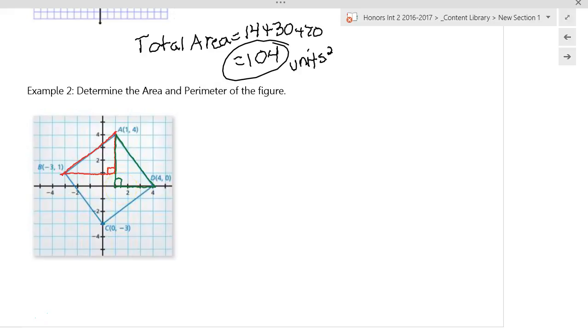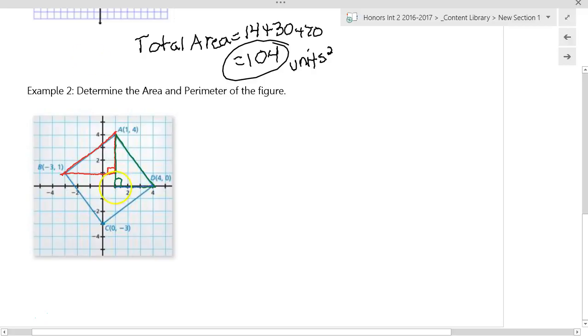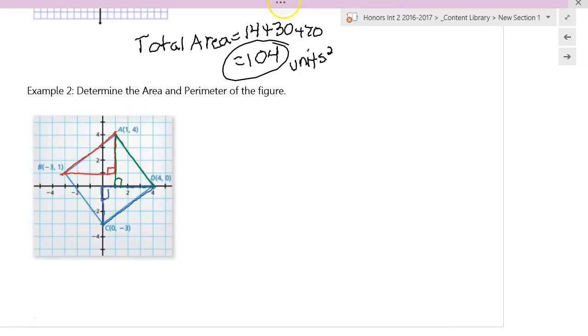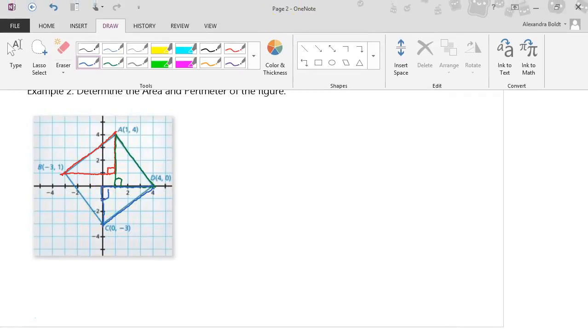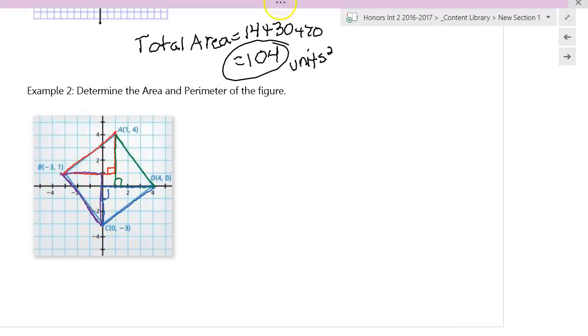So I'm going straight down and straight across. Then I have my blue triangle. So I connected those points with right angles. And then I have this purple triangle. And then what I'm left with is just this little orange square. Don't forget about that part as well.